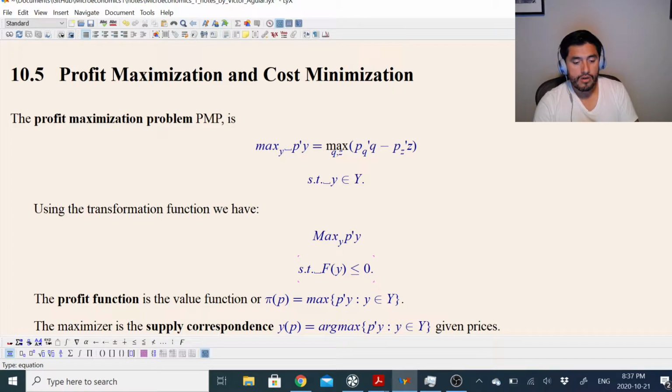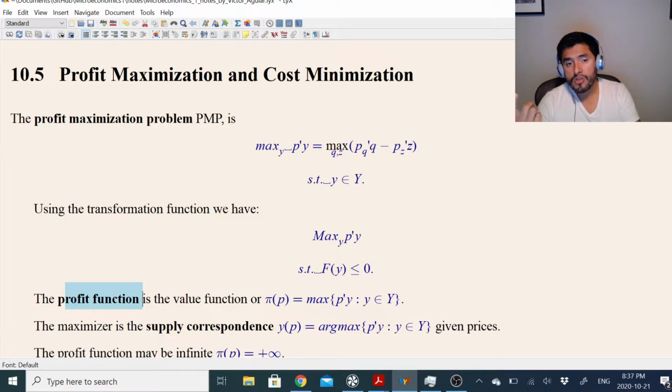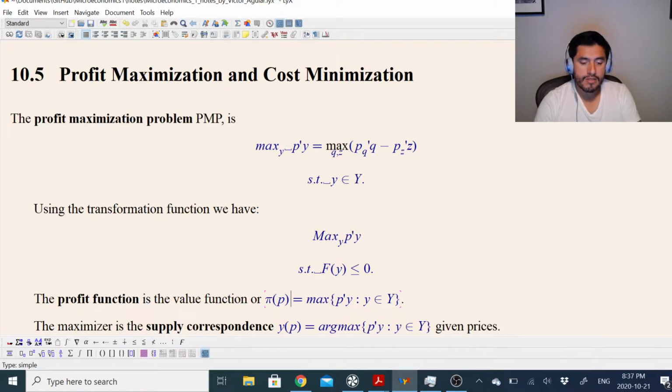So now, what is the result of maximizing profits? It's the profit function. So the profit function is the analogous of the indirect utility from the consumer chapter. So this is the value function of the maximization problem. That means pi of prices is equal to the maximum value of profits that is feasible given the production set.